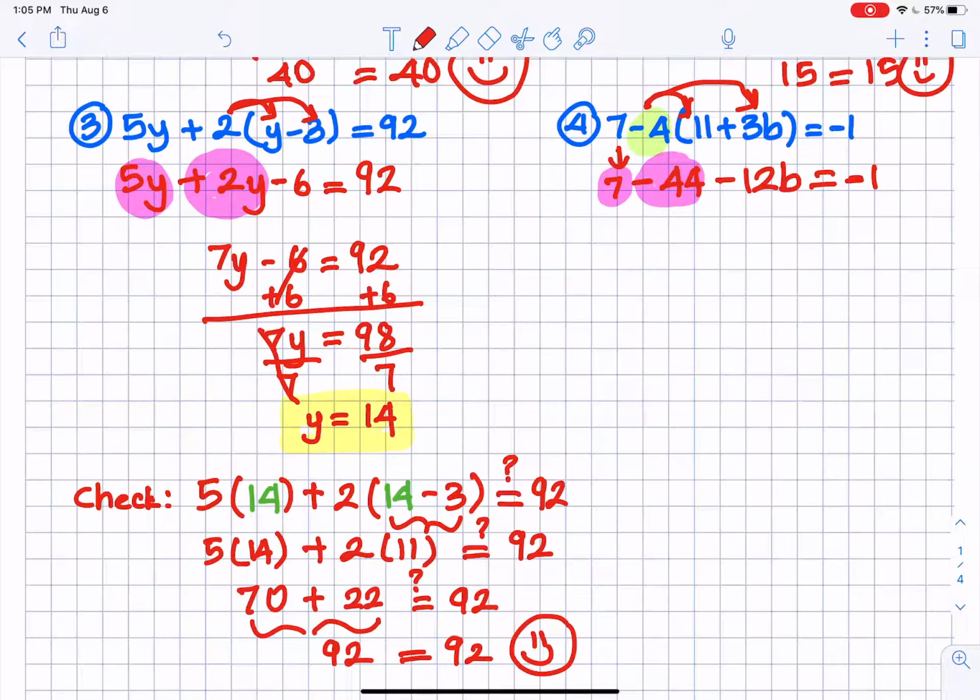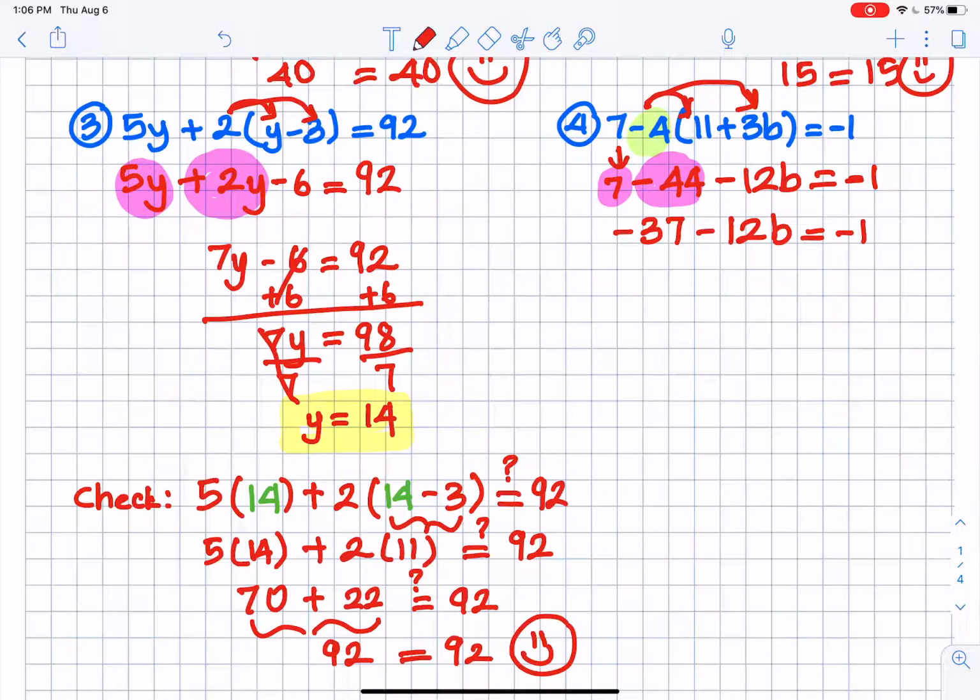So those are two integers, and 7 plus negative 44 will give us, yes, negative 37. I will rewrite the rest.